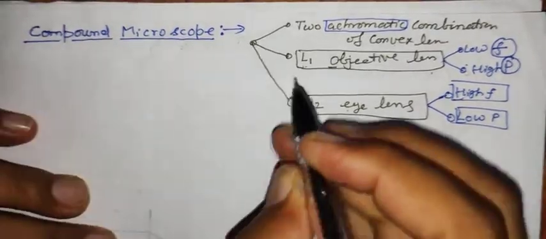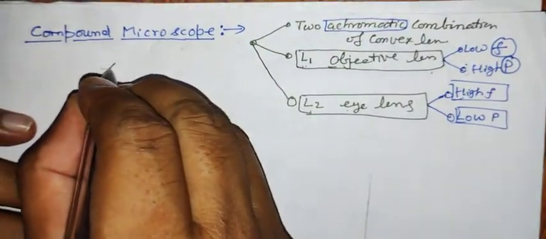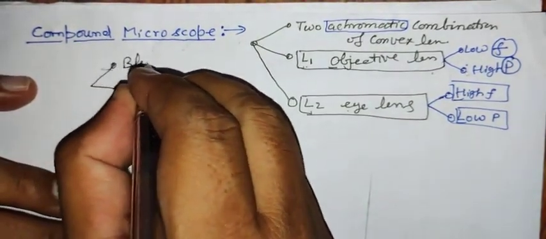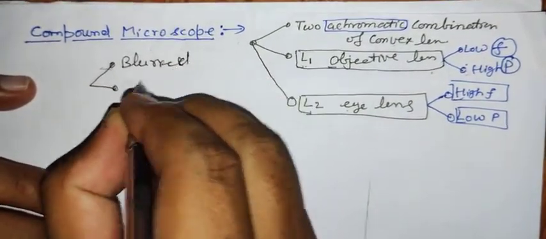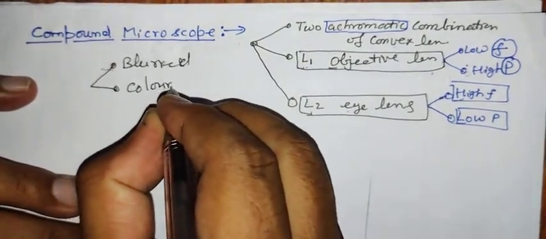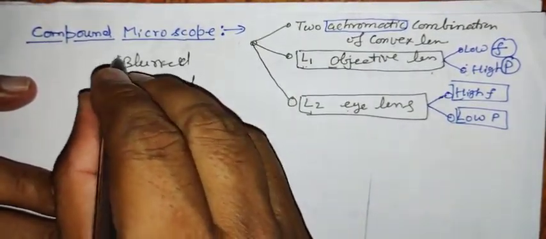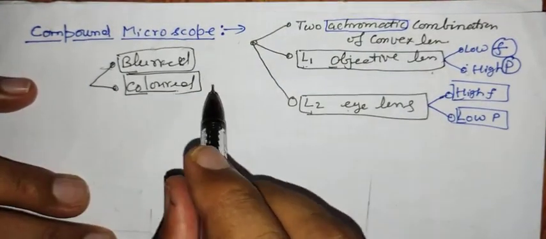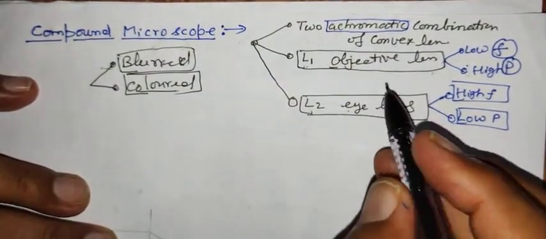In the achromatic combination, both problems are removed: the problem of blurred and colored image of a white object. So both problems are removed by the achromatic combination of lens.